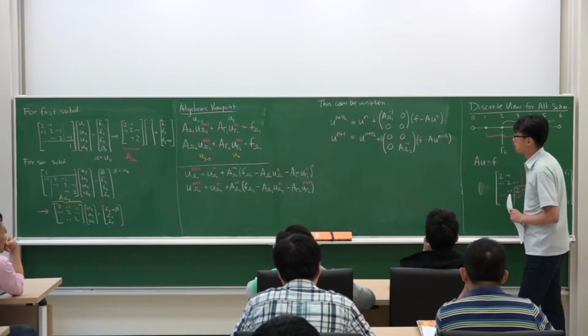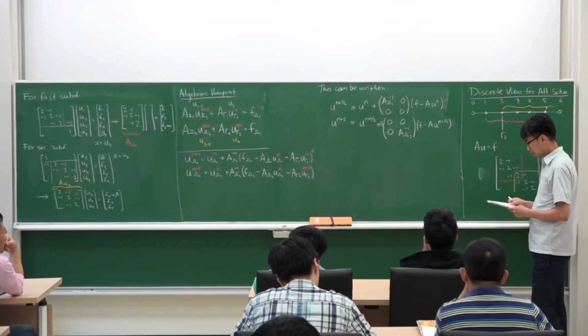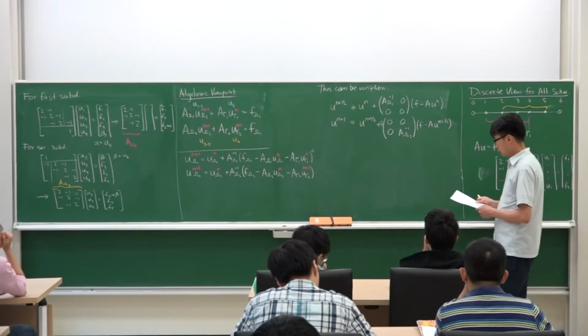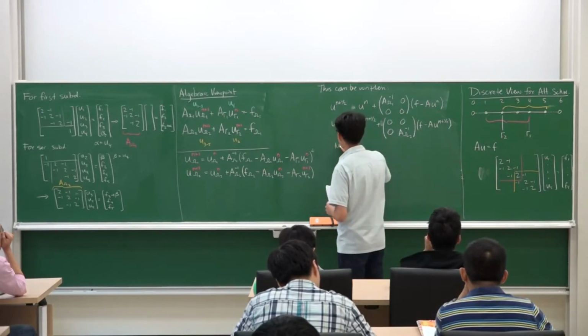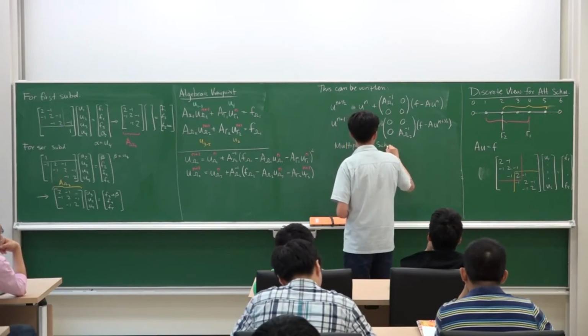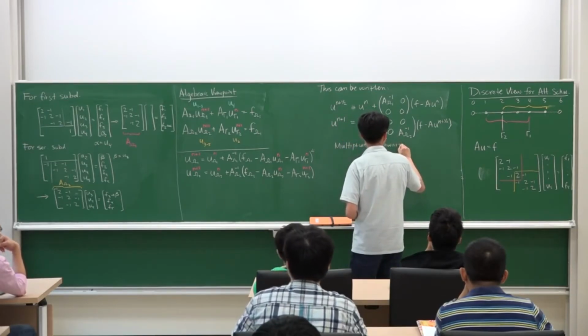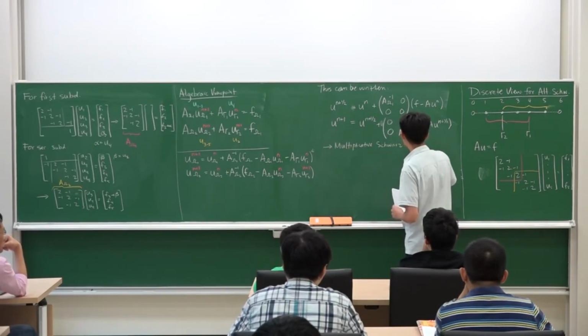Okay? So this is called the multiplicative Schwarz method.